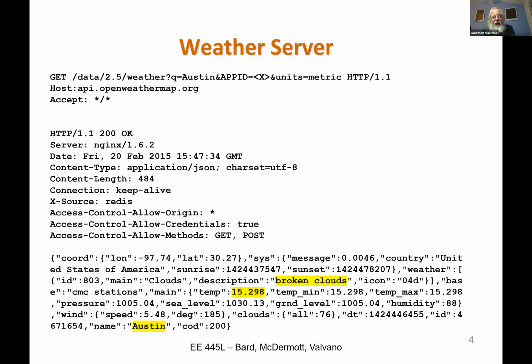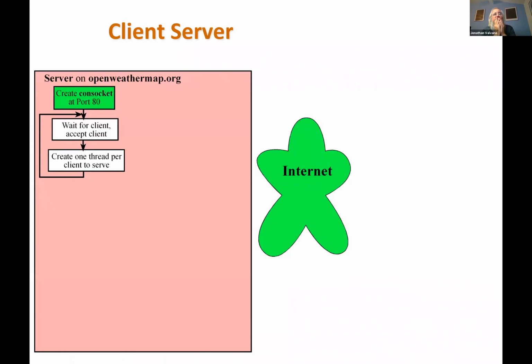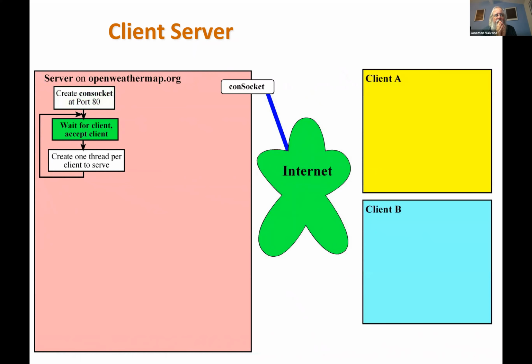You know, Austin. What was the weather? Cloudy. 15 degrees. Okay. But what I want to do here is, oh no, this is not the right one. All right, okay.